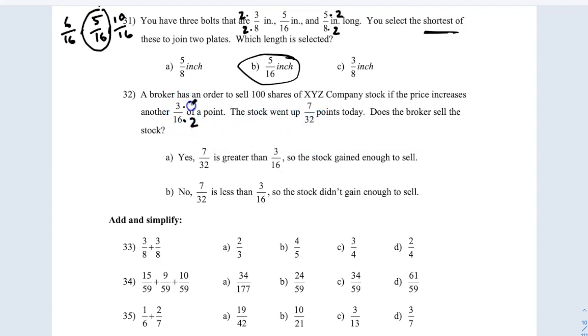Times 2. Right? 3 times 2 is 6. 16 times 2 is 32. So if the price goes up this, I sell the company. Today, it went up 7/32. And as we know, 7 is bigger than 6, therefore the company got sold.